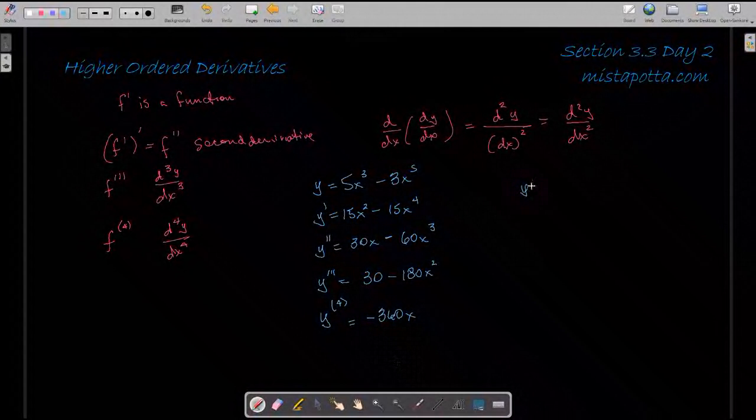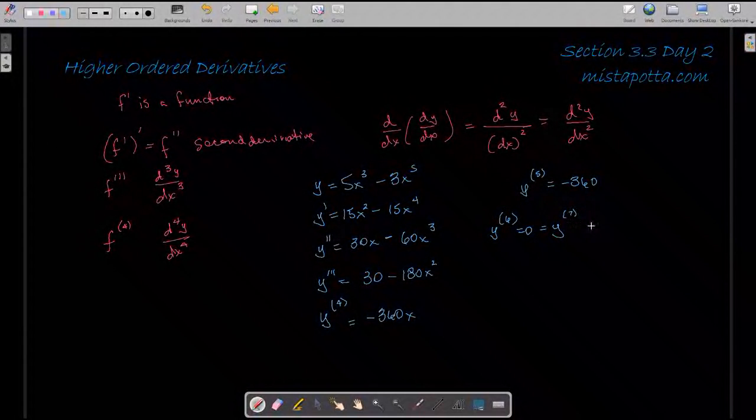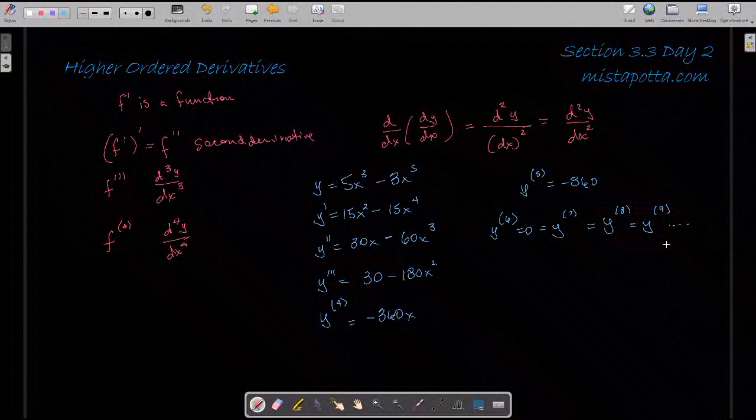I could continue taking the fifth derivative, and that would just give me negative 360. And because that's the constant, the sixth derivative would be 0, as would the seventh derivative, as would the eighth derivative, as would the ninth derivative, and so forth.